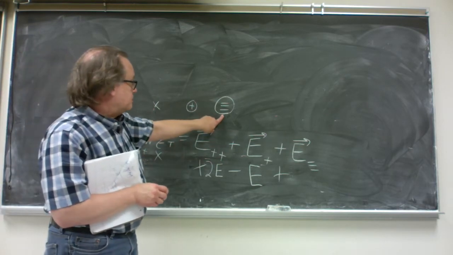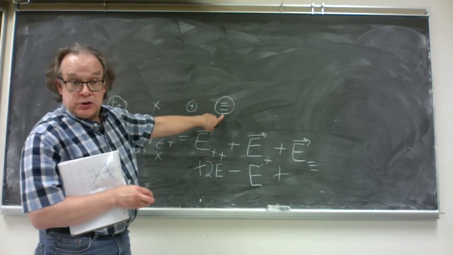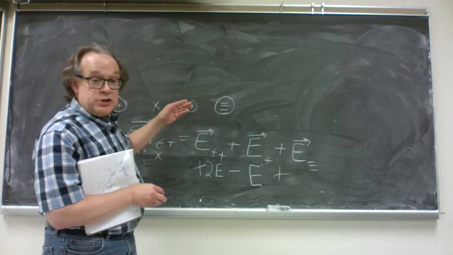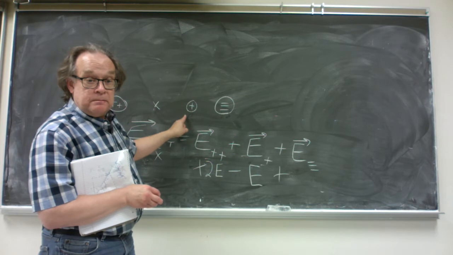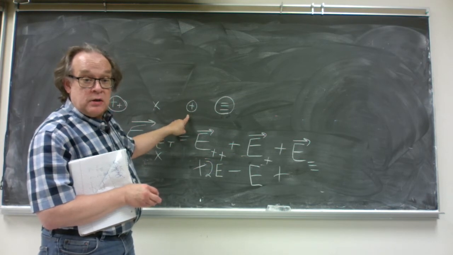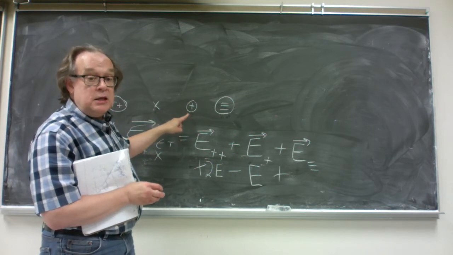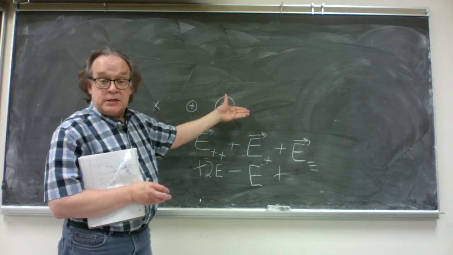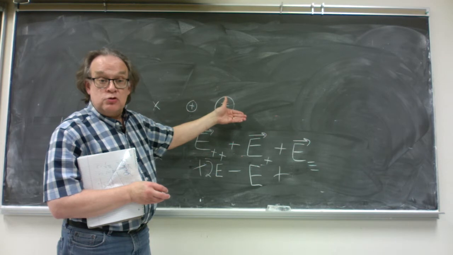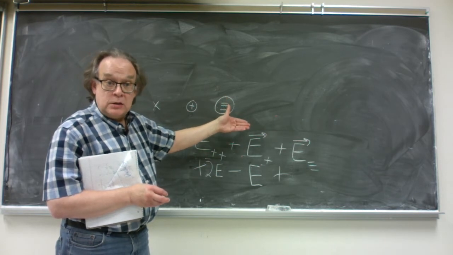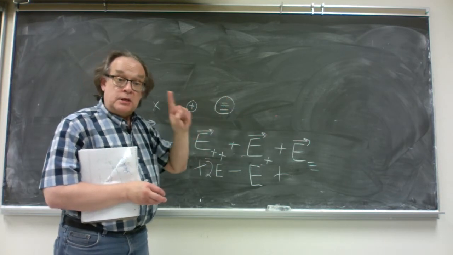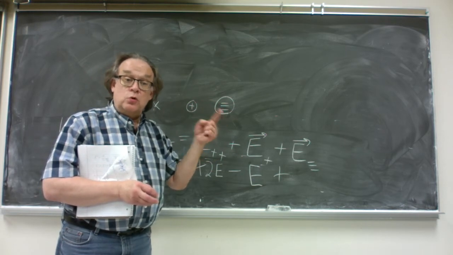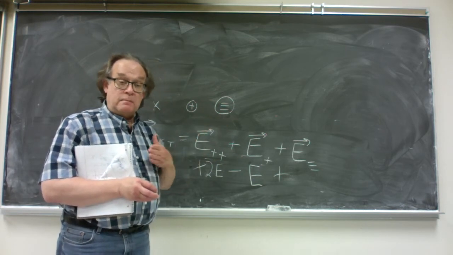And here, well, there's 2 things going on. If you start with a field that's this strong, E, and then you go twice as far away, that cuts the field strength down to 1/4 of E. E was the field that you'd get from 1 unit of charge 1 step away.